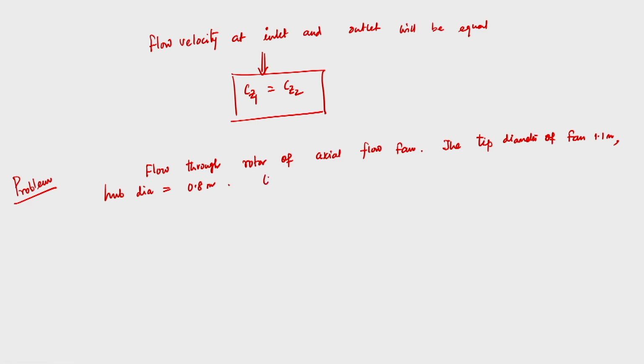Sorry, it will be an axial flow pump. The tip diameter of the pump is 1.1 meter, hub diameter is given. Operating speed of the pump is equal to 1200 rpm.